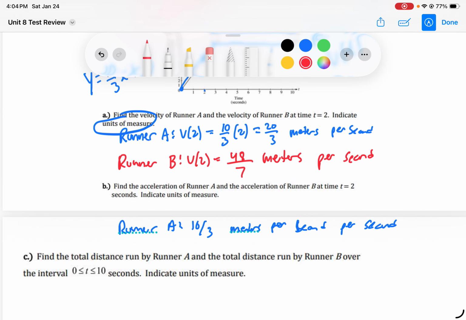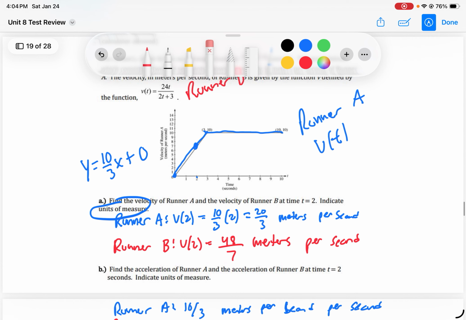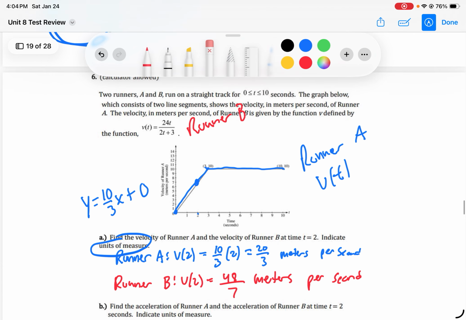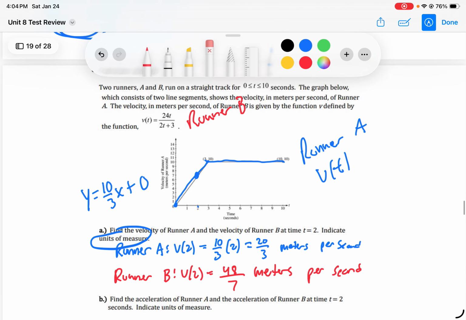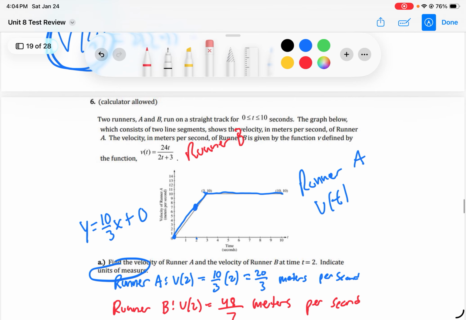That's also fine. Okay, runner B, I have to find the derivative of this. I kind of ran out of room on mine. Runner B, it's calculator active. So if I've defined that already in my calculator, I could use the quotient rule: derivative of the top times the bottom like it is, minus top times the derivative of the bottom, all over the bottom squared.